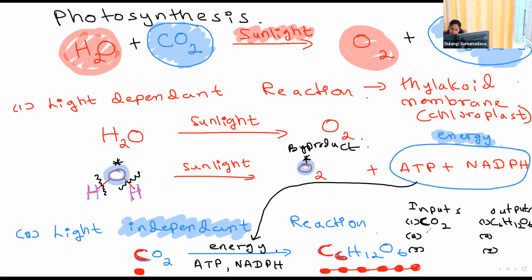If you write ATP as an input, the opposite needs to have ADP and PI. If you write NADPH, when it unloads the high energy proton, it needs to be NADP plus H plus.